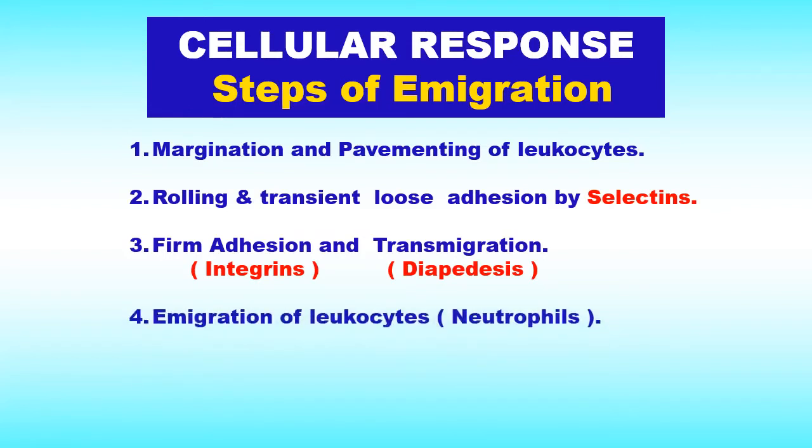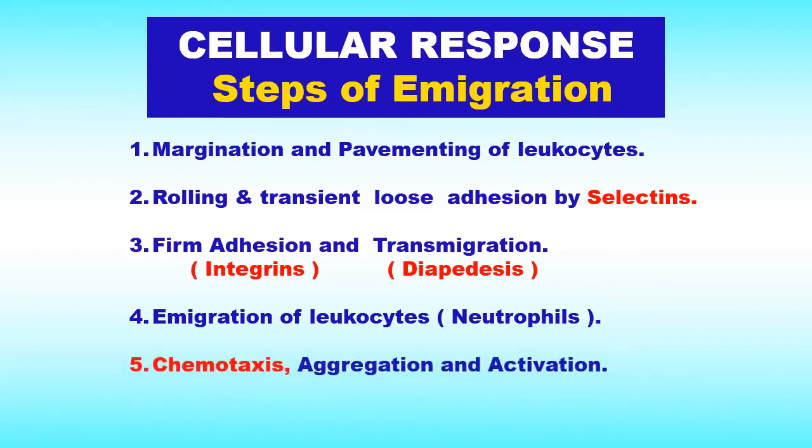Once the leukocytes or neutrophils are in the interstitial tissue, they migrate to the site of inflammation by the process of chemotaxis, and then aggregation with activation at the site of the inflammation. Finally, phagocytosis of the microorganism.